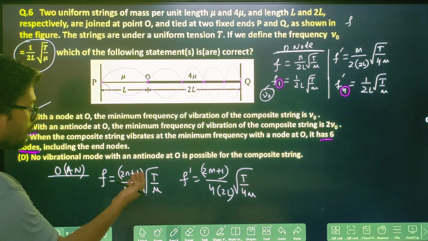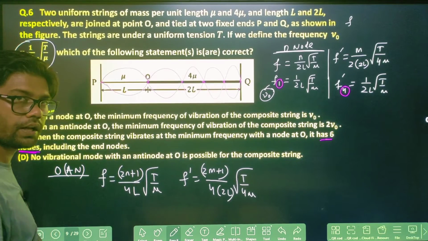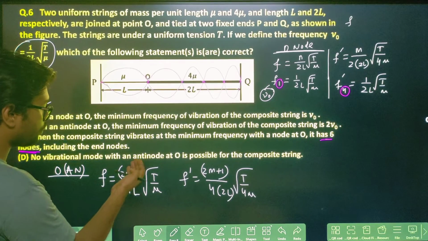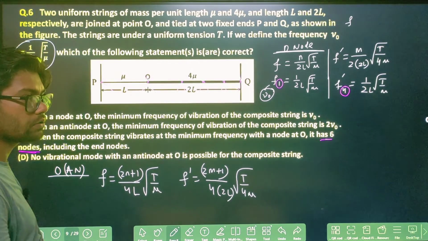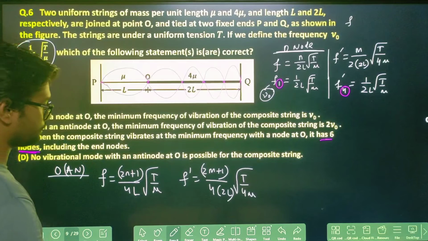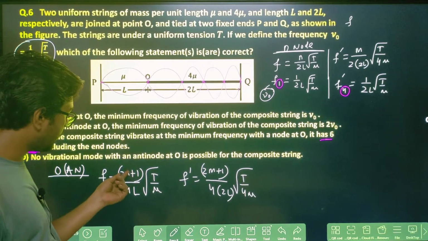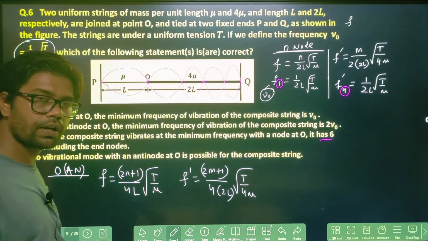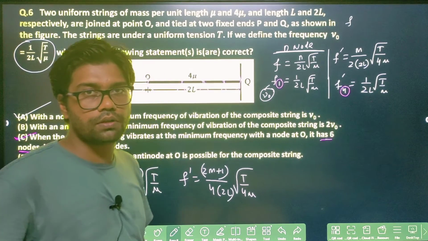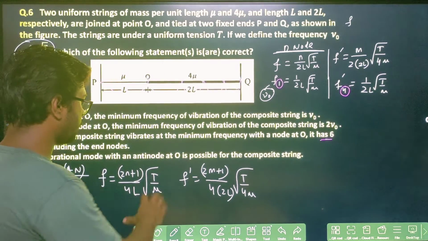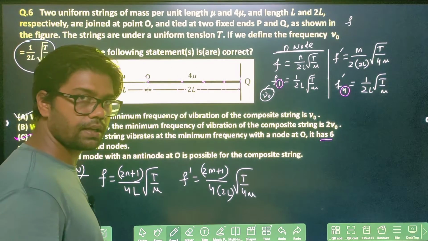If you put n equal to 1, this will give 3 by 4l. And if you put n equal to 2, this will be 5 by 4l. So 2 mu naught is not possible to make from this arrangement, from this frequency basically.